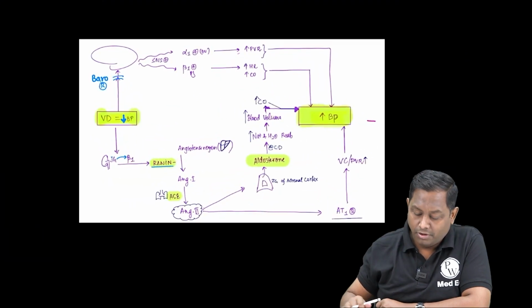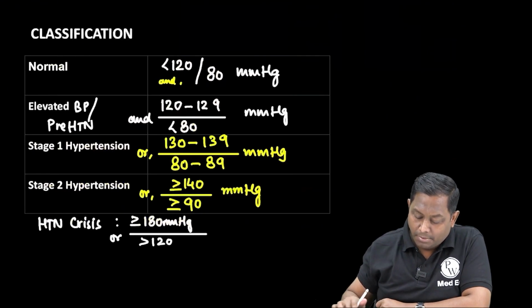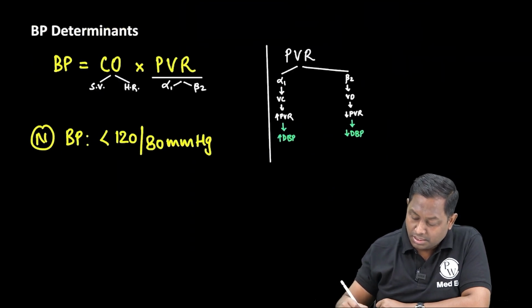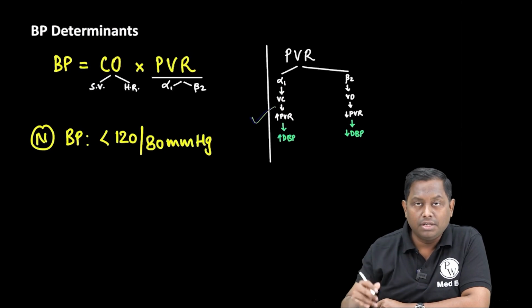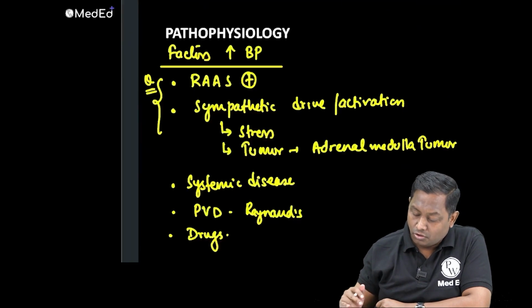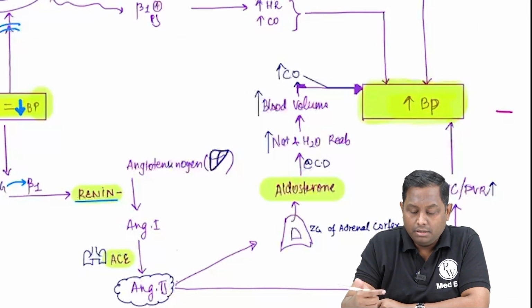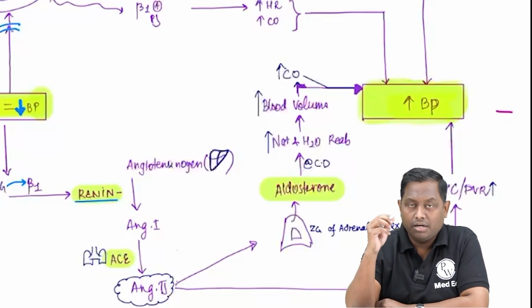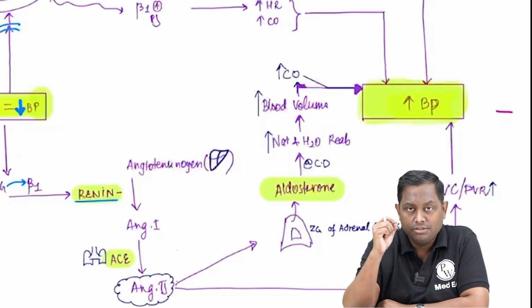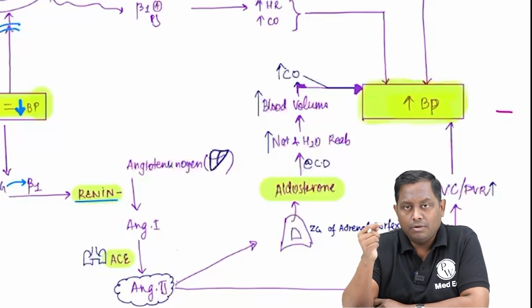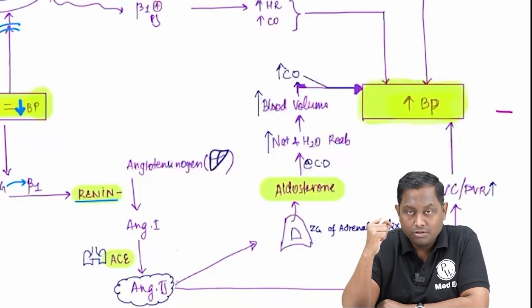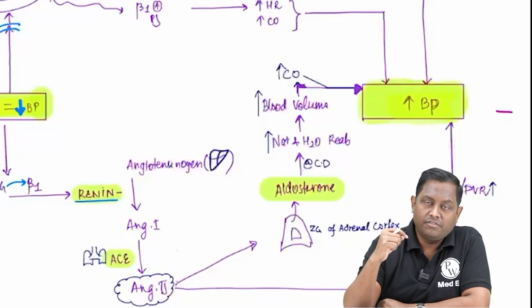I just taught you a while ago, increase in the peripheral vascular resistance will ultimately add on to increasing the blood pressure. So what we saw here, that there are many factors involved in increasing the blood pressure. A very important one is the RAS system, end product angiotensin 2, that is causing aldosterone release, and it is going to act at the AT1 receptor, that is going to cause vasoconstriction or increase in the peripheral vascular resistance.